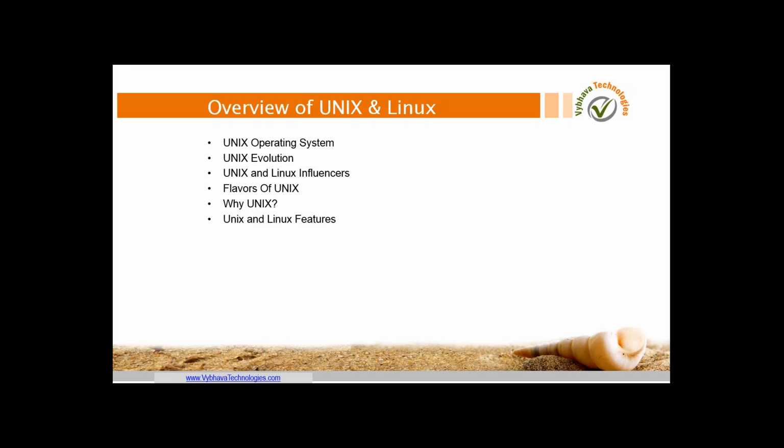System 5 is a version, a kernel specification, and that is implemented in every company, like HPUX or SCO Unix, or if you go for Solaris. All these three major Unix operating systems are using the same System V version. That version has various implementations on top of the kernel. If you go for Solaris, it is 5.11, 5.12, like that. They have given the latest versions. So what is 5? 5 is that System V. In the same way HP also implemented it, but they have given different versions.